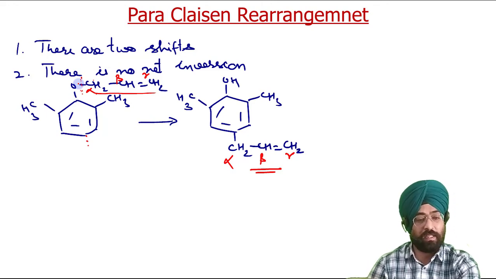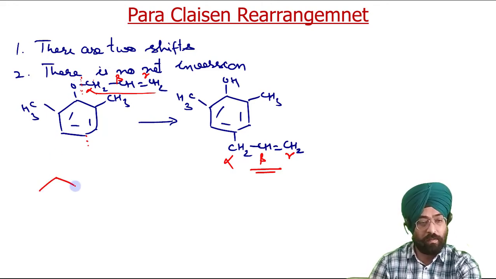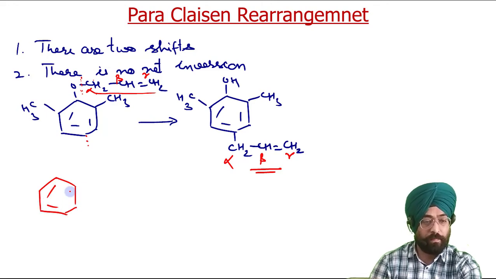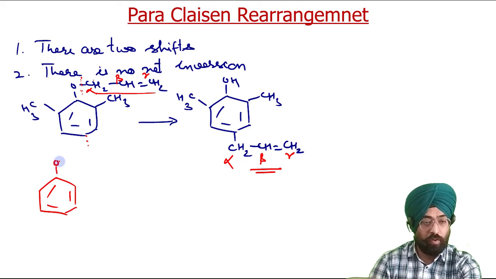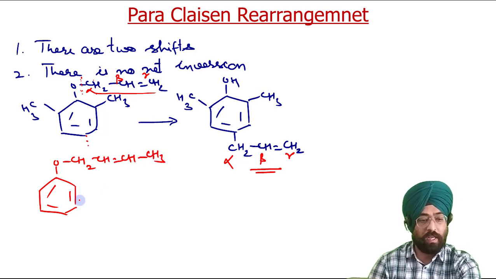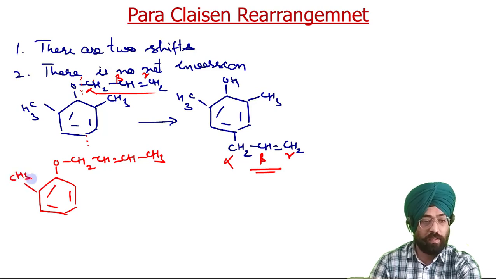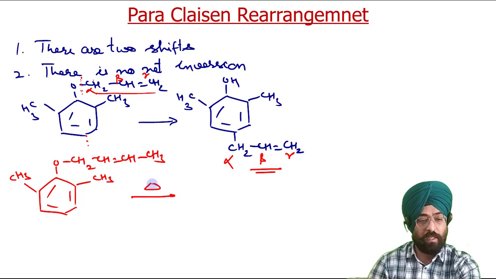So let us try to determine the product, similar to what we have done with our ortho product. Ortho crotyl, O, CH2, CH double bond CH, CH3. So crotyl phenyl ether. Now we have these two substituents, so the group migrates to the para position. Here the product will be, I will write here, you can easily guess what we have to do.